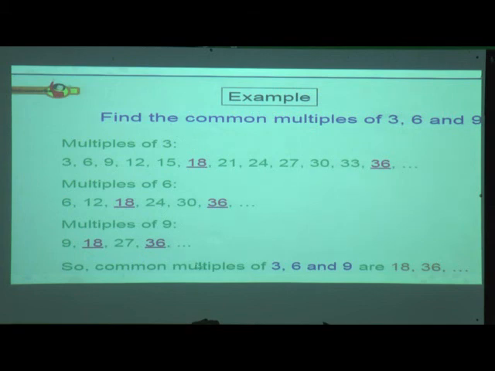So the common multiples of 3, 6 and 9 are 18 and 36. If we go on writing the multiples of 3, 6 and 9, then we may get more common multiples also. Okay.